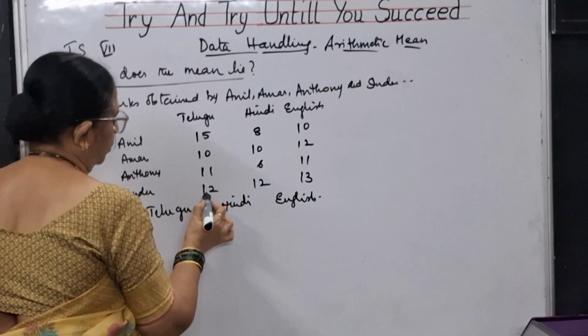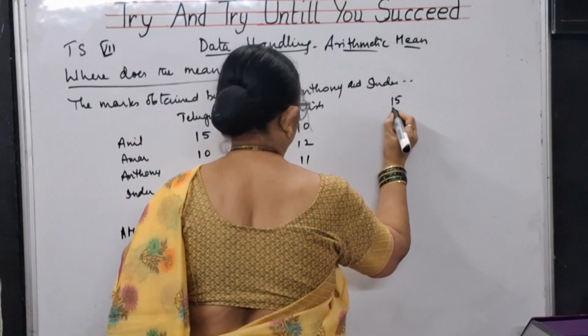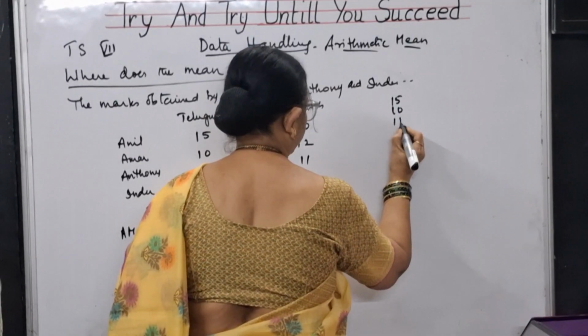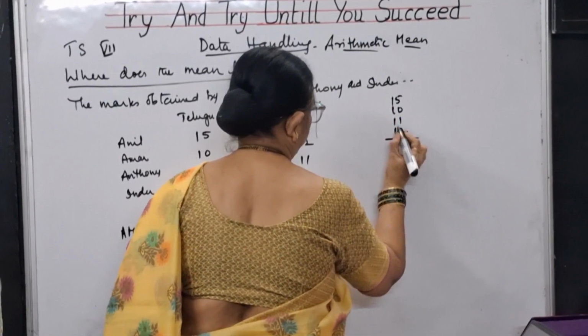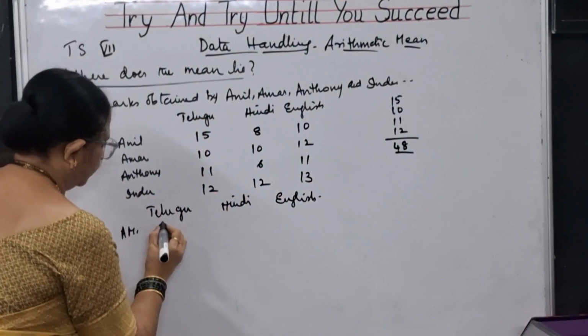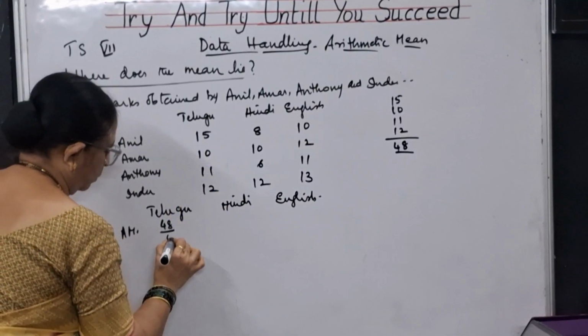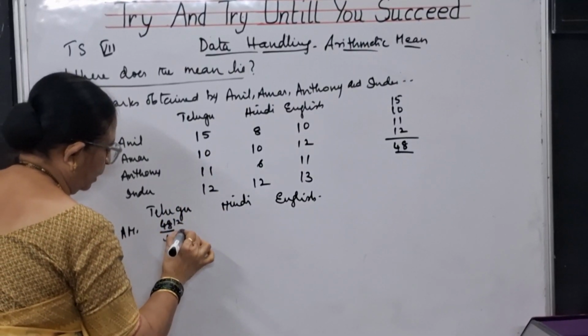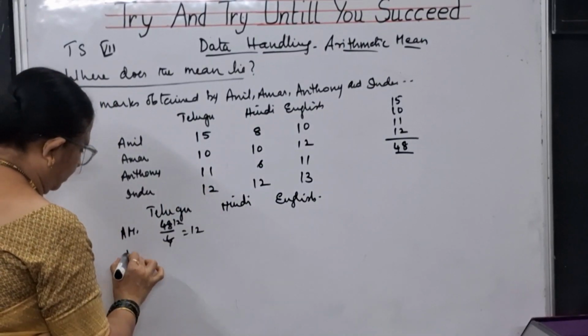You have to add all this: 15 plus 10 plus 11 plus 12, that is 48. So 48 divided by 4. That means how much you are getting? The arithmetic mean is 12.